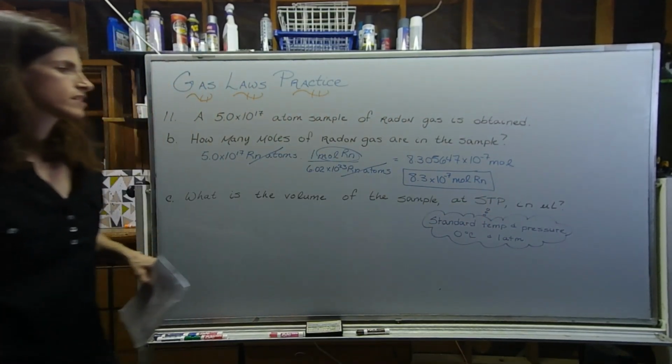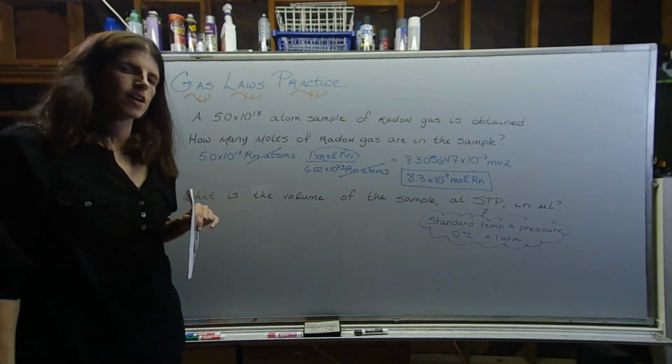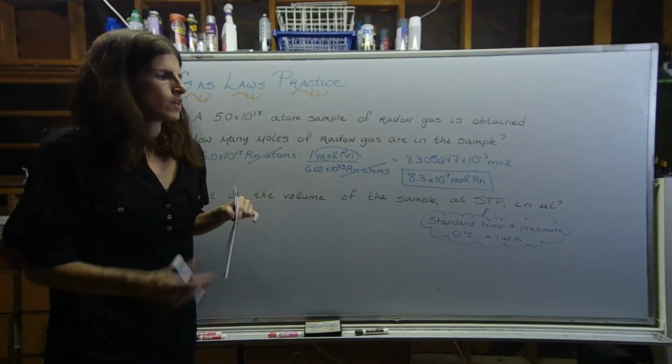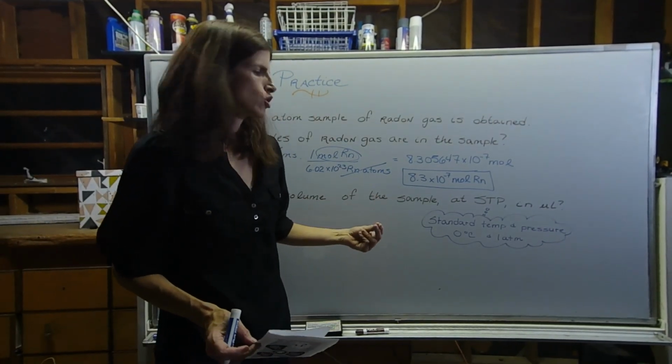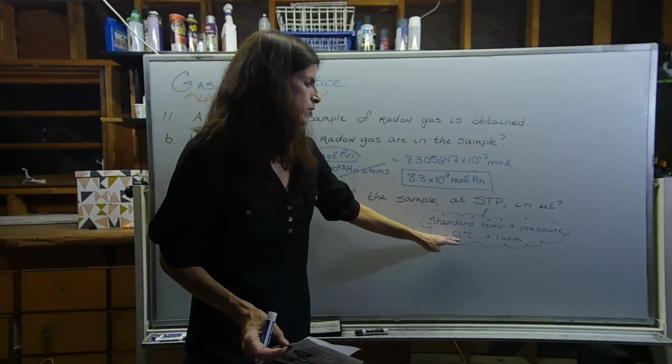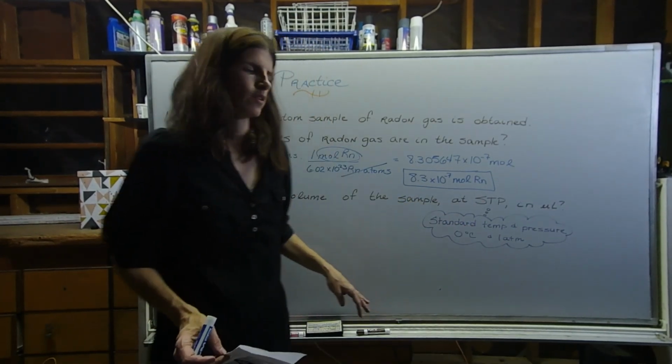Alrighty, in part C, we're asked to calculate the volume of this sample in microliters. They do talk about STP, standard temperature and pressure. Standard temperature is 0 degrees Celsius and standard pressure is 1 atmosphere.